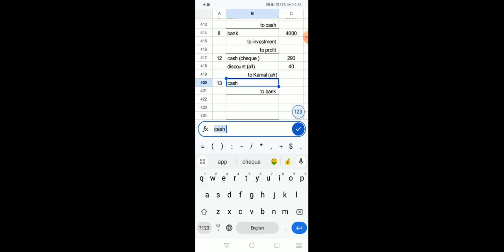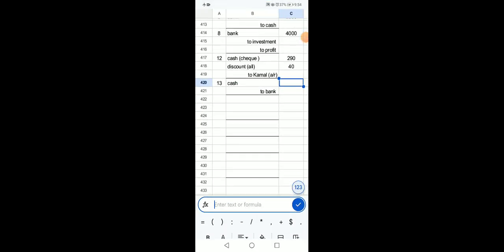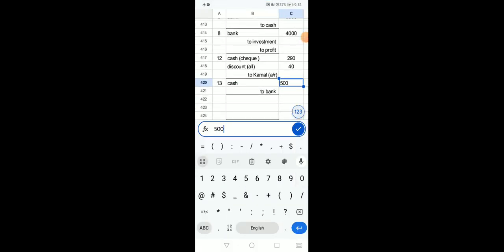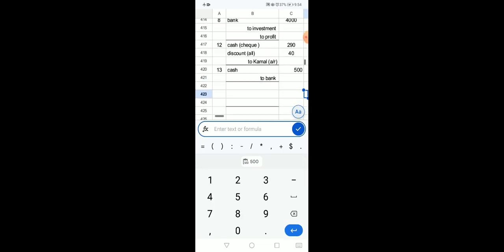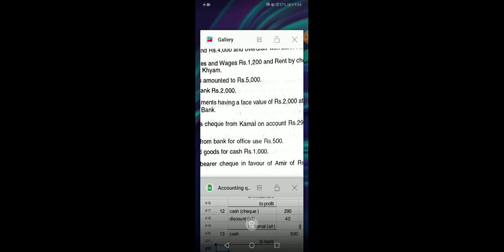So you will mention cash on debit side. How much amount of 13th entry? It is 500. So you will be writing 500 on debit side, and same amount you are supposed to write on credit side. Rules for journal entry we are following. 13th entry completed. Let's see what is next for us.